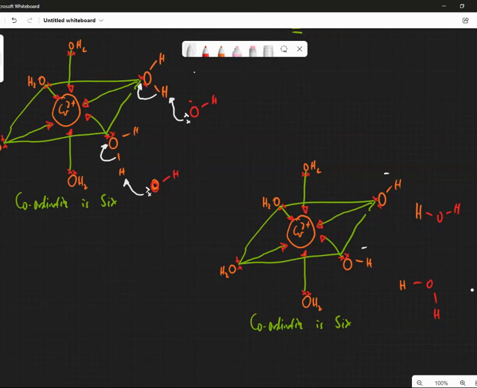Now, would you call this ligand exchange? Is this a ligand exchange reaction? Anyone want to guess? I don't think it is either. Did an OH go on and a water come off? No, it didn't.